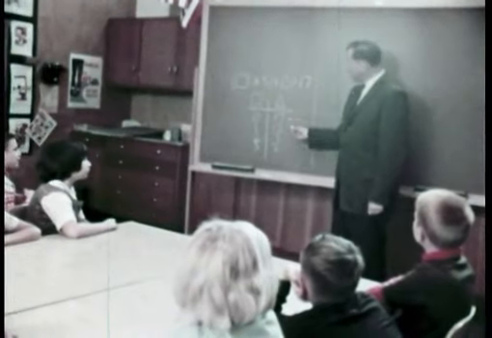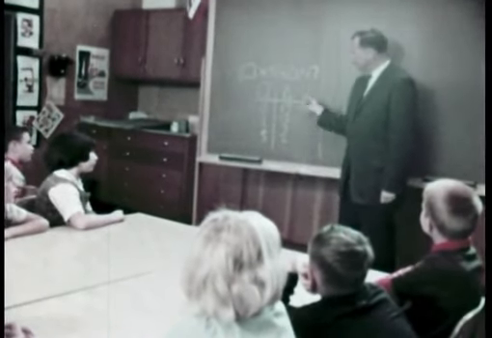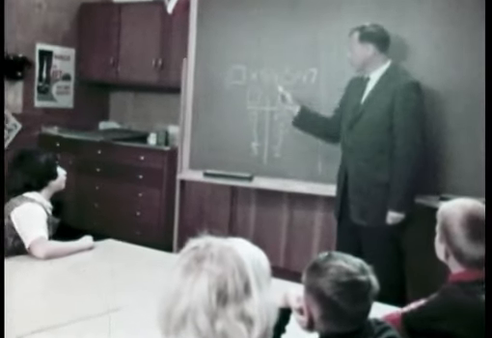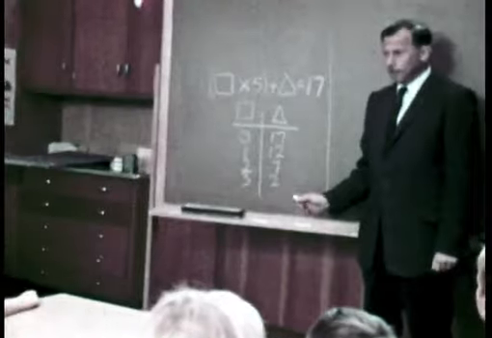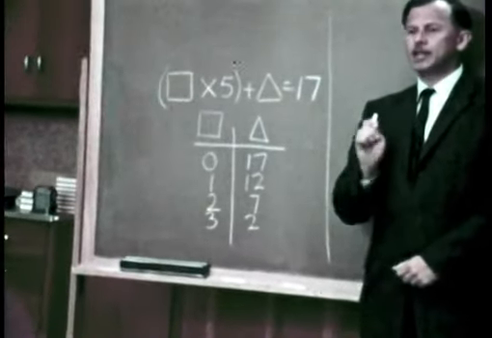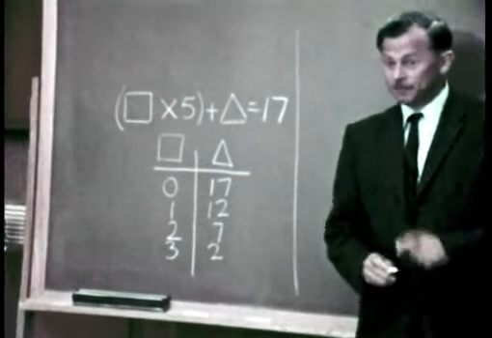Now, we've just seen that there are many ways of solving this equation. We can use 0 or 1 or 2 or 3 for the square, and each time we use a different number for the triangle. Now this time we're going to try a different equation, and we're going to try something different with it. Watch.